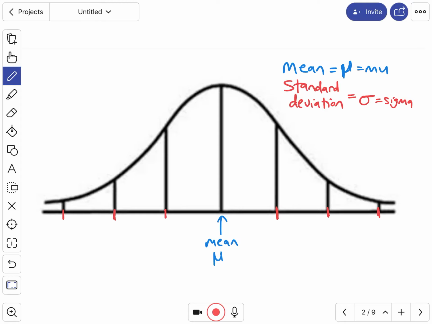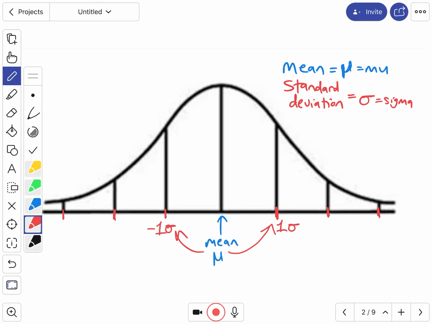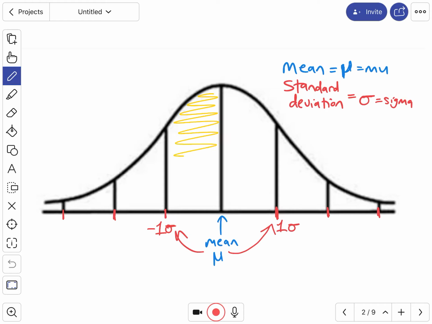If you go one line to the right of the mean, that's one standard deviation, and the symbol used there is sigma. And if you move to the left one, that's one standard deviation as well, but we just call it minus one sigma.